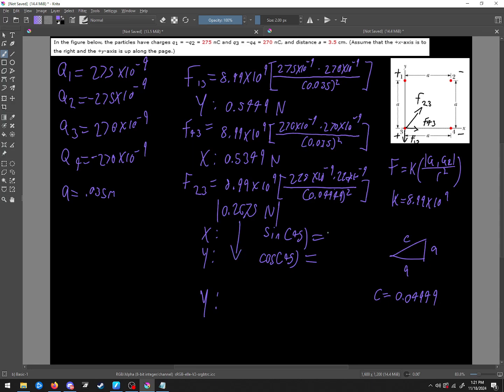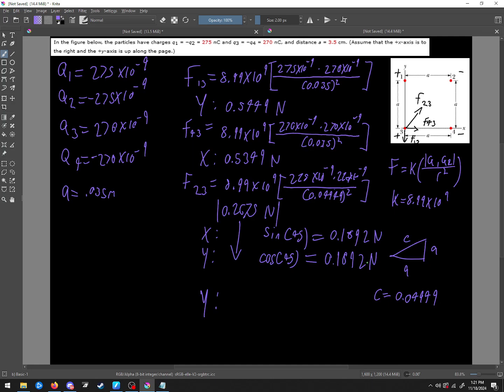Now sine of 45 is going to be, say this goes straight down, it can be 0.189. Let's say 2, why not? Okay, now we're going to have the y component here, f13. We're going to subtract that.